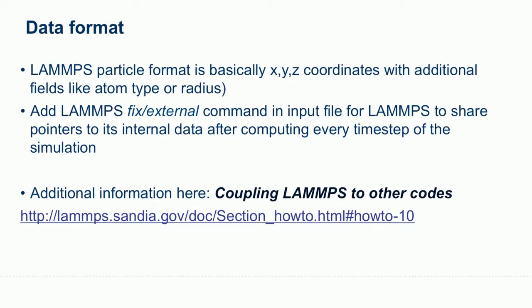The data that's produced by LAMMPS are particles, basically saying the locations of the atoms, and there's some additional info, such as the atom type or radius. So this is the data that's going to be passed through SENSEI: XYZ coordinates and atom type.